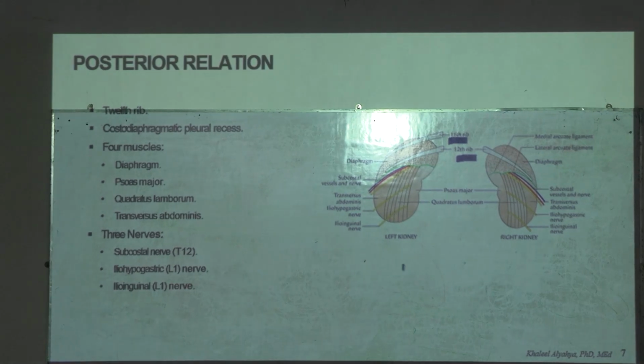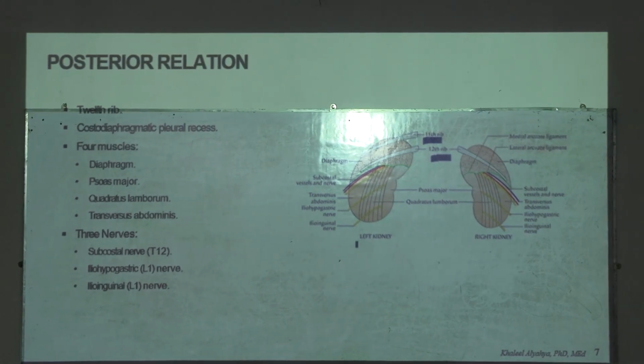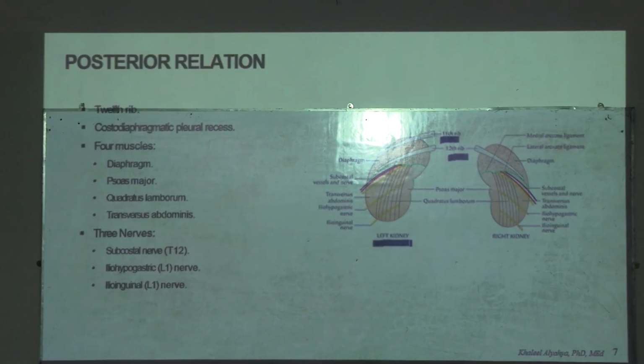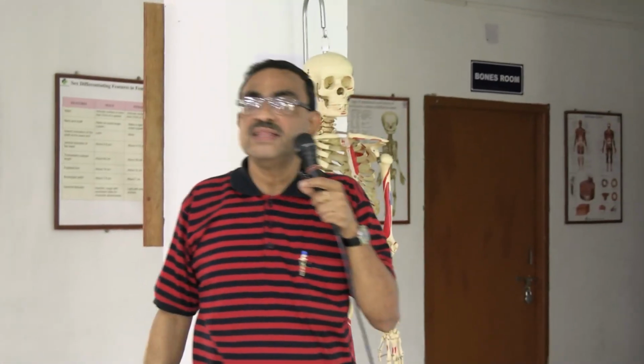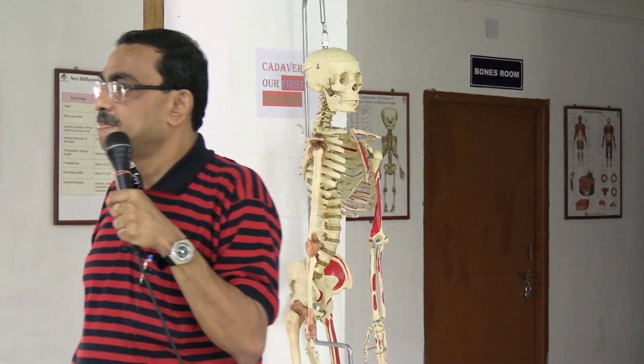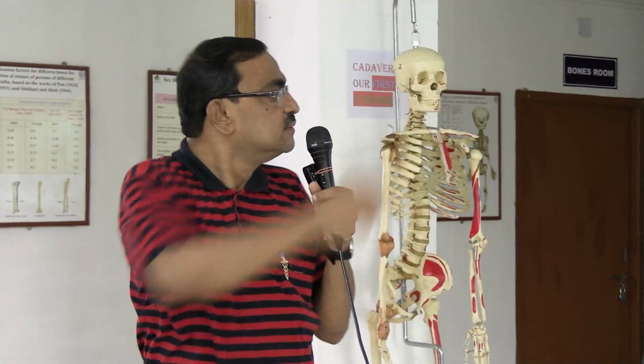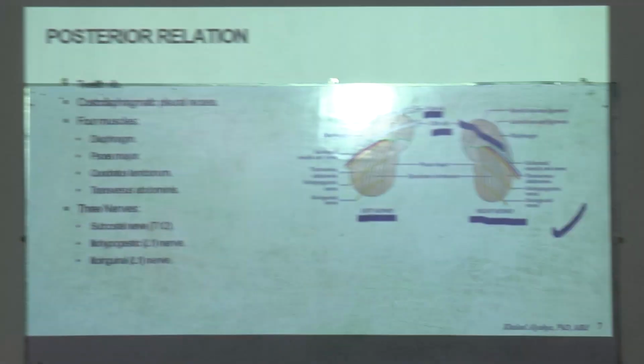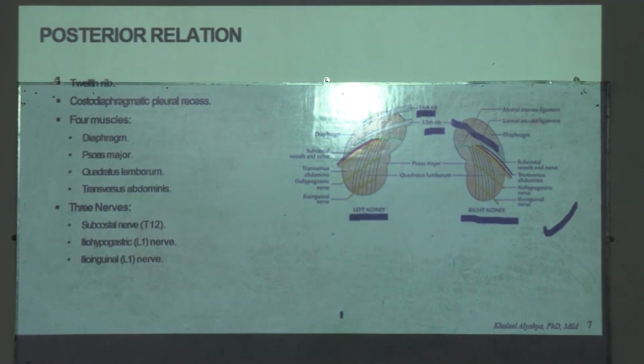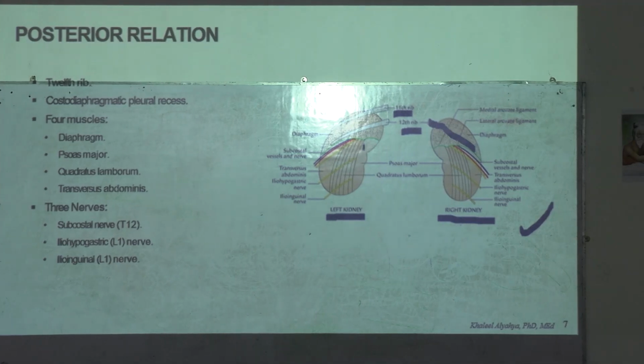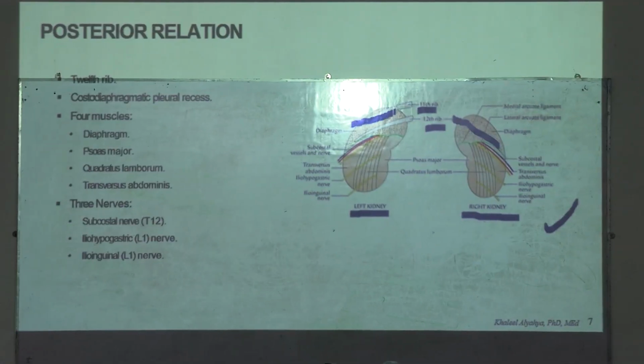On the right side only the 12th rib will come, and the 11th and 12th rib on the left side.